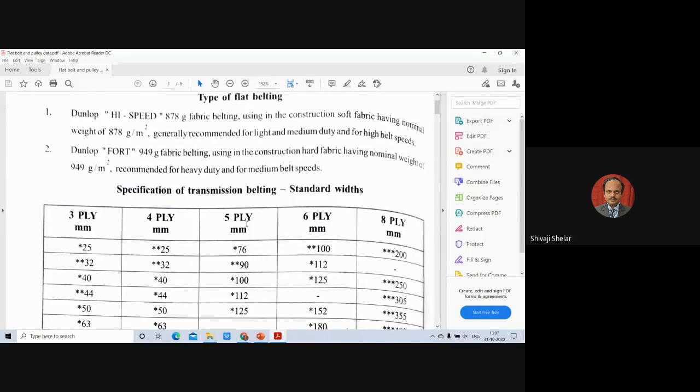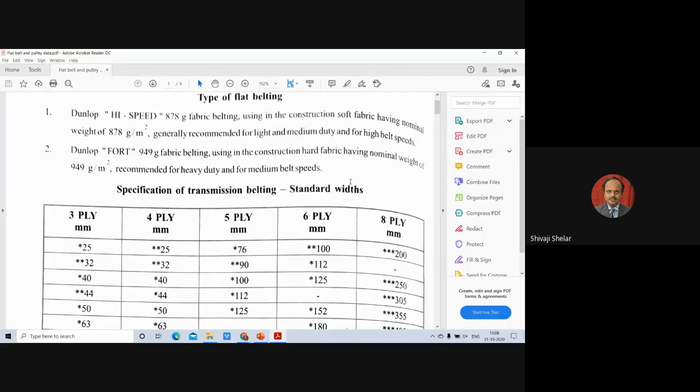So 0.25 into 10 means if you use single ply, then it will be 2.5 kilowatt. Now you want to transmit say 20 kilowatt. So you require 8-ply system there. Then you require same material of 8-ply system having 100 mm width. So 100 mm width, this is the standard width available. So you can use 6-ply system or 8-ply system for that, and you can use that belt for your application to transmit that 20 kilowatt.